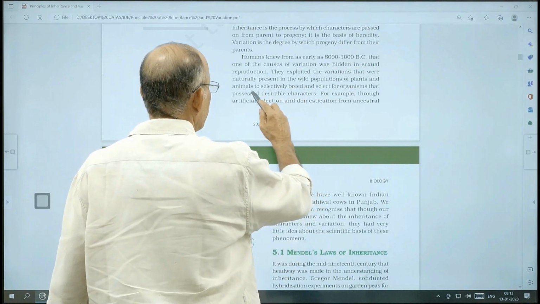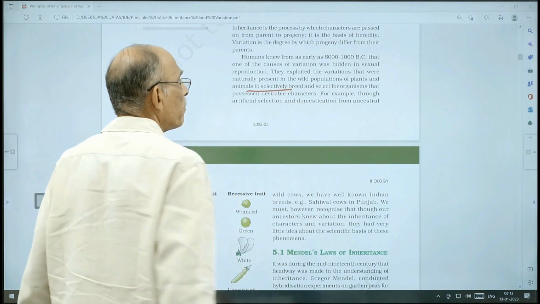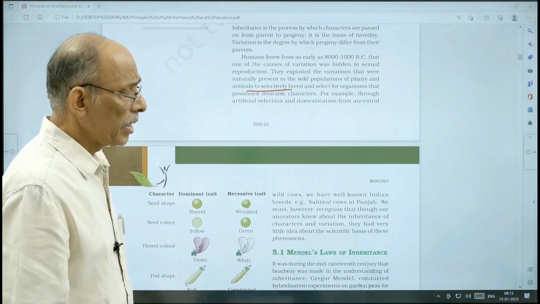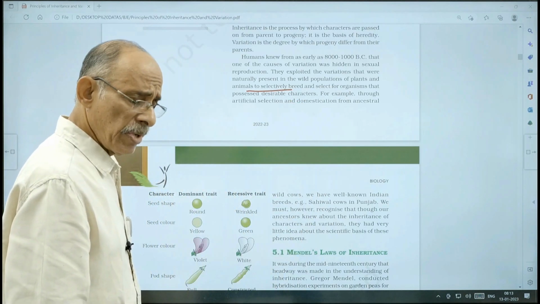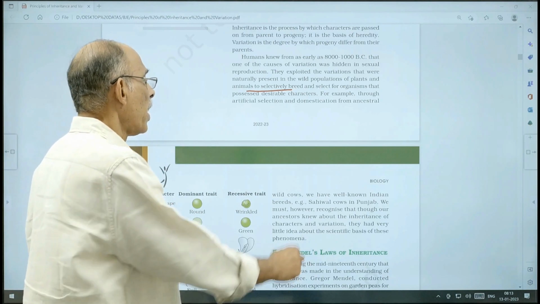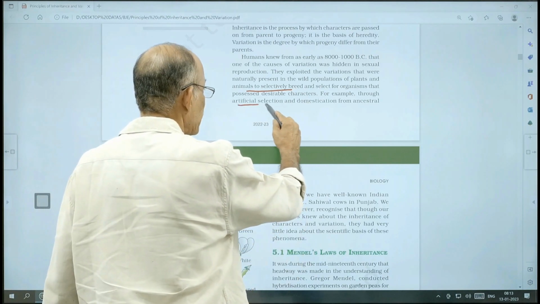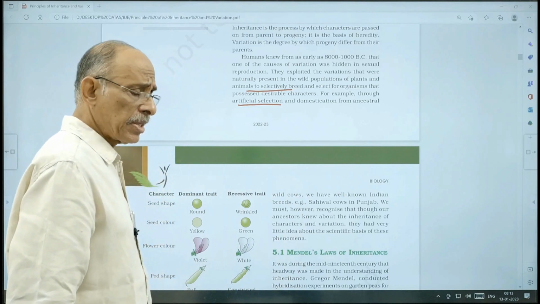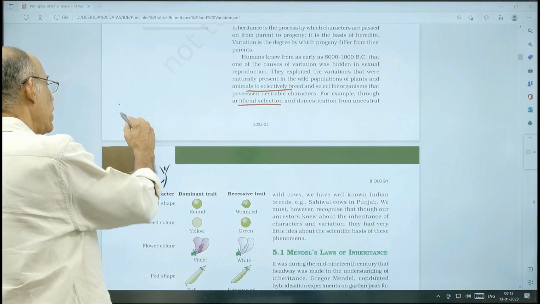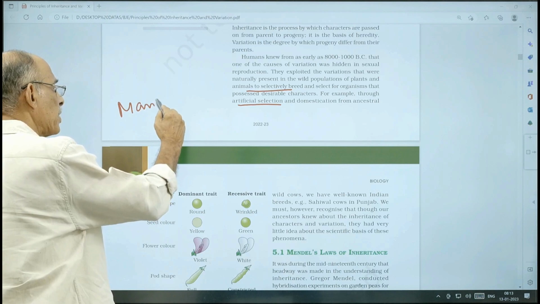They selected animals which show very good variations, and they artificially made the selection. Artificial selection means the selection made by man.